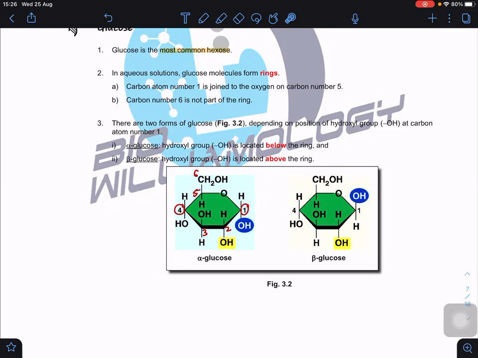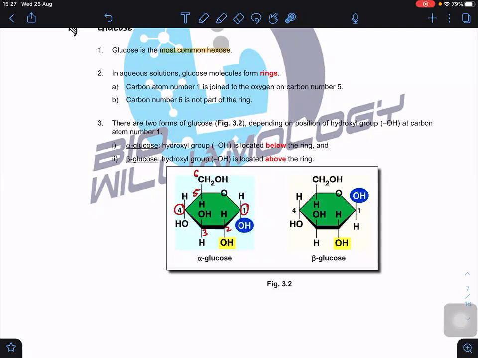Now I want you to imagine this is something like a piece of paper. Imagine you cut out a hexagon shape of paper, and then you put a stick at each corner. So you can see this H on carbon number 1, H on carbon number 2, OH on carbon number 3, H on carbon number 4, CH2OH on carbon number 5, they are above this piece of hexagon, right?